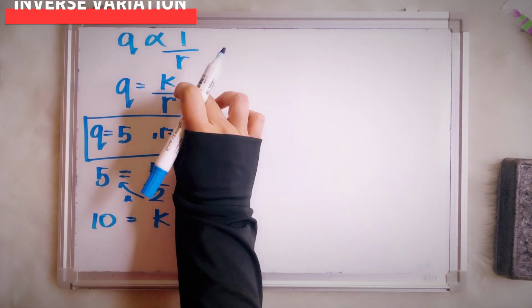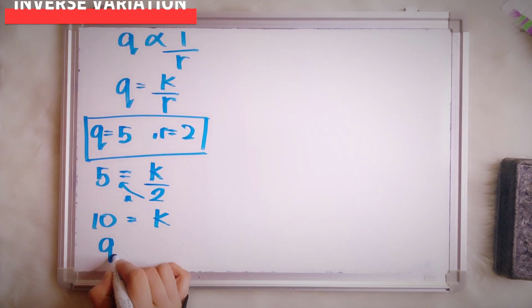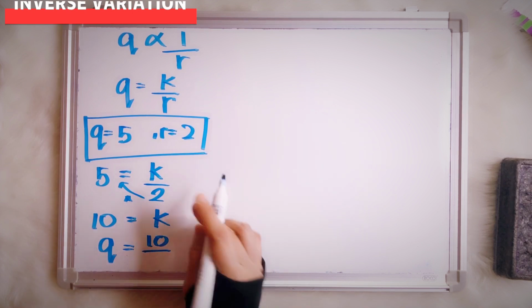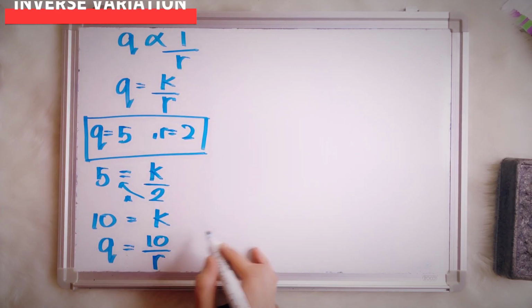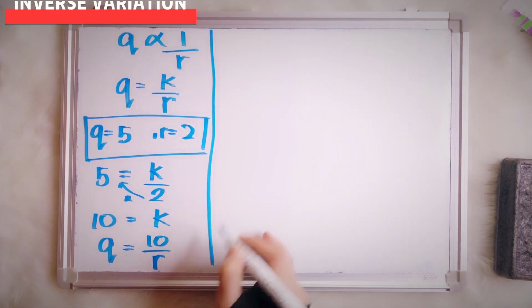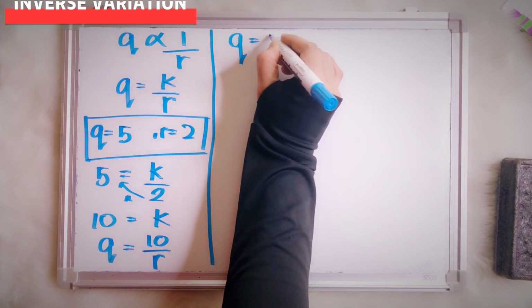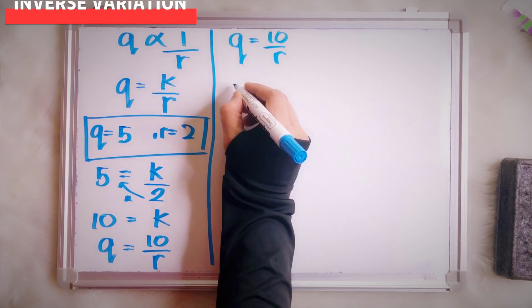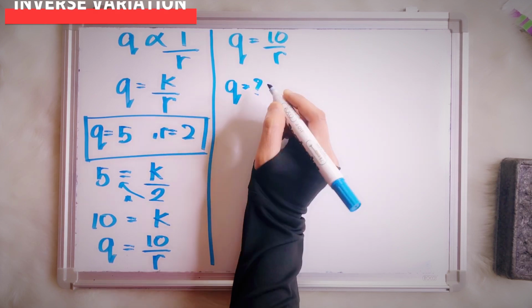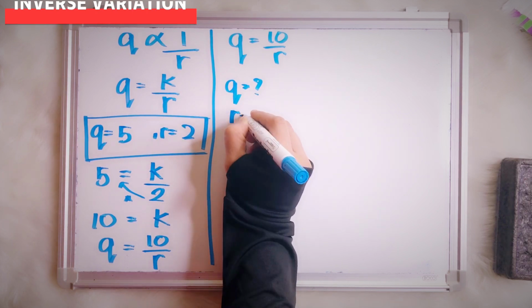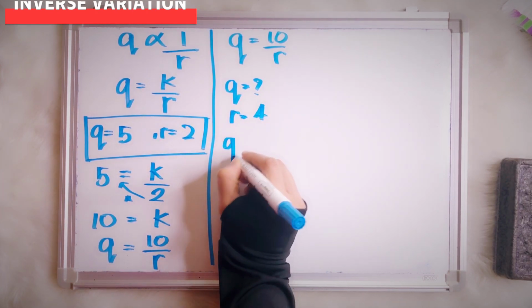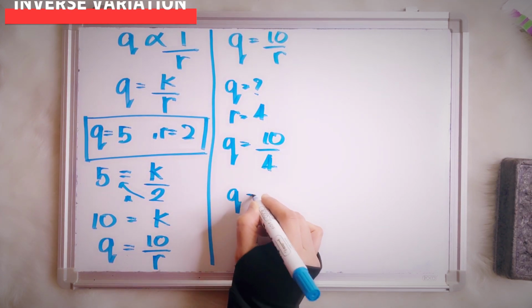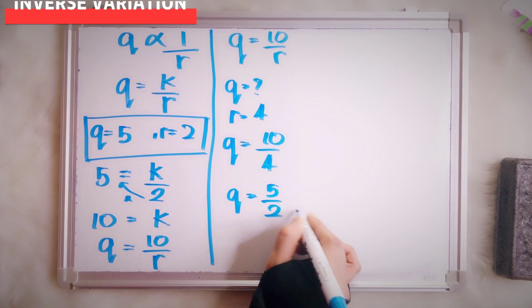Substitute inside this equation. So now Q equals 10 over R. Same equation, Q equals 10 over R. Now find the value of Q when your R equals 4. So Q equals 10 over 4. Your Q now equals 5 over 2.